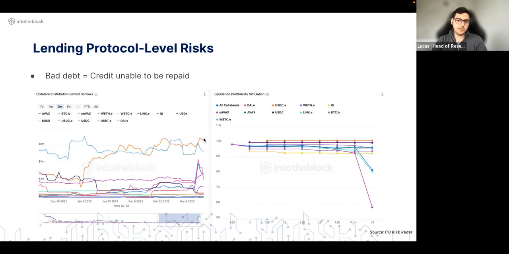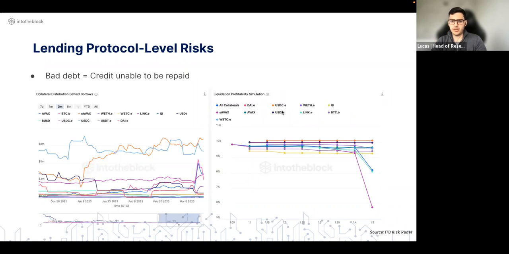Based on that, you can also simulate how profitable it is for those loans to be liquidated in case they were to be liquidated. And if they're not profitable, well, then you have a problem, because there might not be the economic incentives for a liquidator to step in and mitigate that risk of bad debt by rebalancing. So here in this case, we see liquidations are profitable all around.